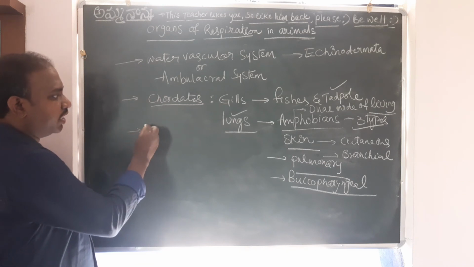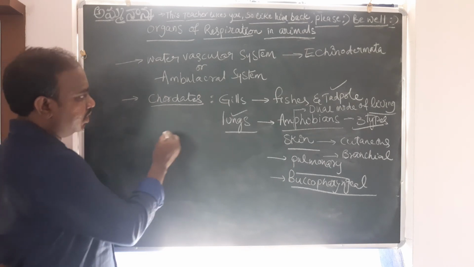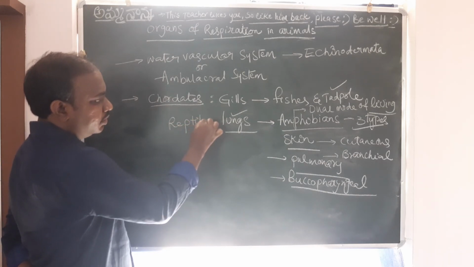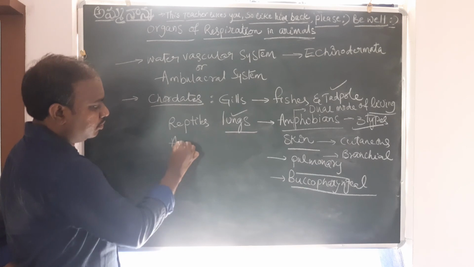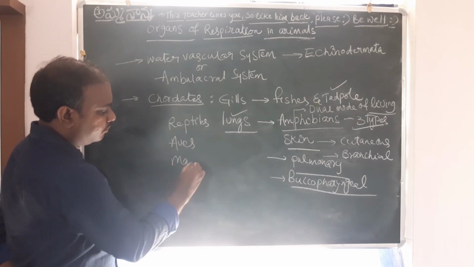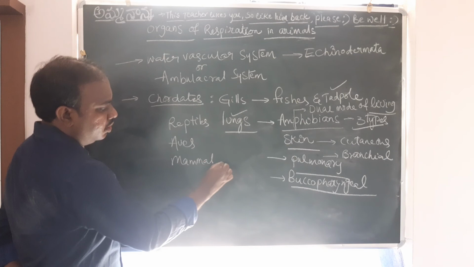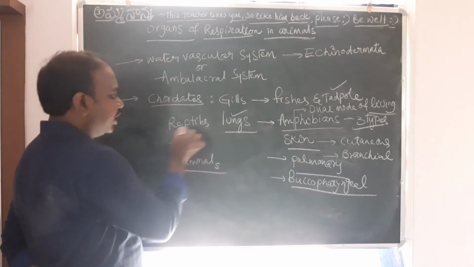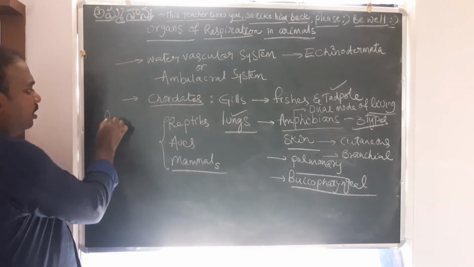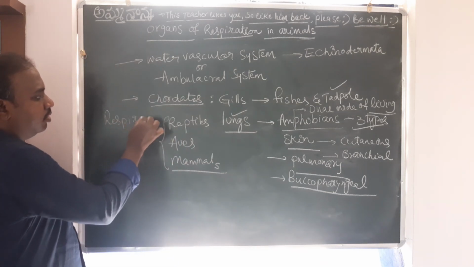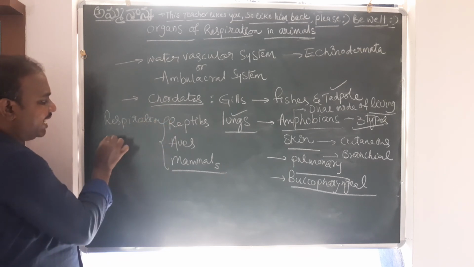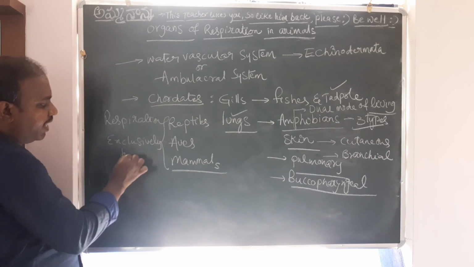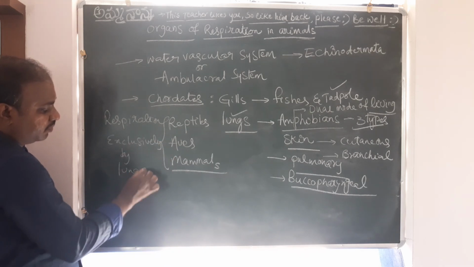From the next group, that is reptilians, we have seen amphibians. In the reptiles, aves, and mammals, in these three groups of animals, the respiration is exclusively by lungs.